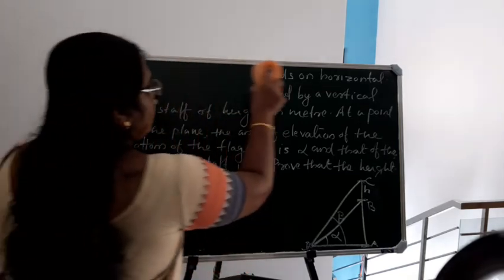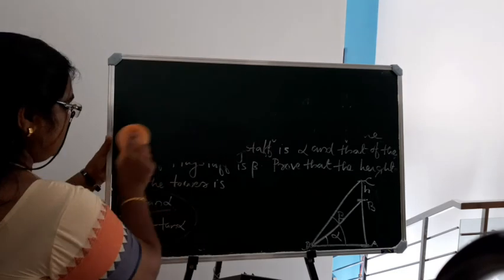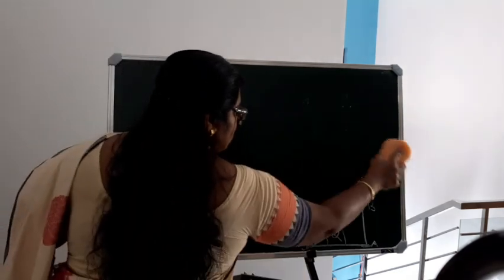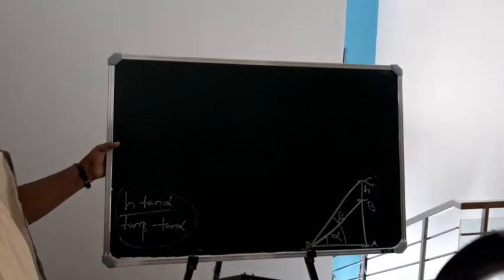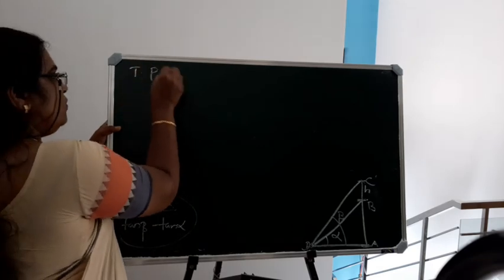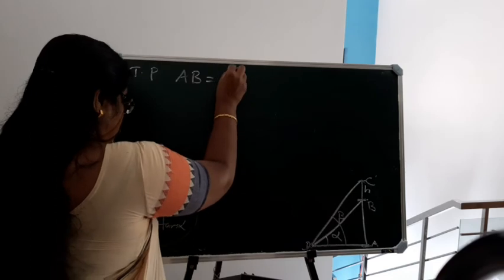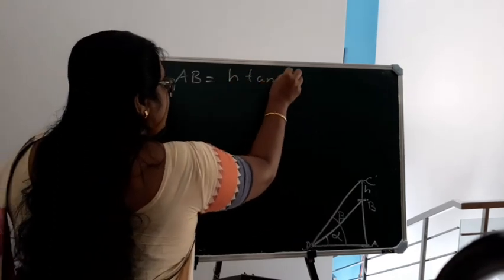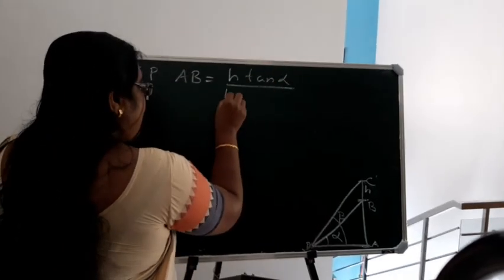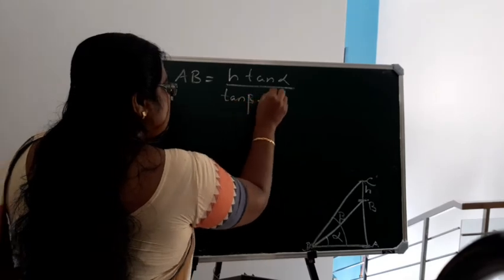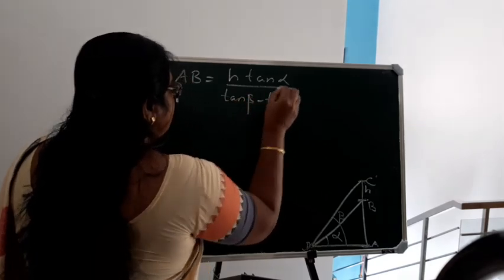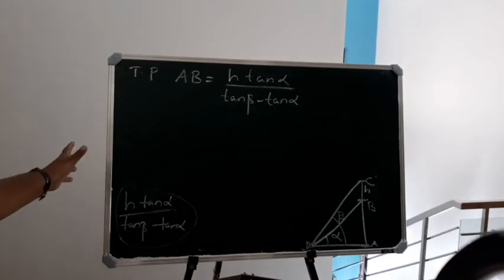Here to prove AB, the height of our tower, AB is equal to h tan alpha divided by tan beta minus tan alpha. Right?